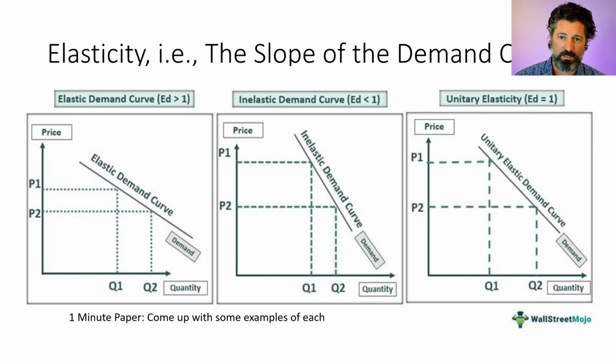On the opposite end of that spectrum, we have demand curves that are much flatter and more elastic. An elastic demand curve is one where a very small change in price results in a large change in quantity purchased, up to the point where we have what's technically referred to as a perfectly elastic demand curve.